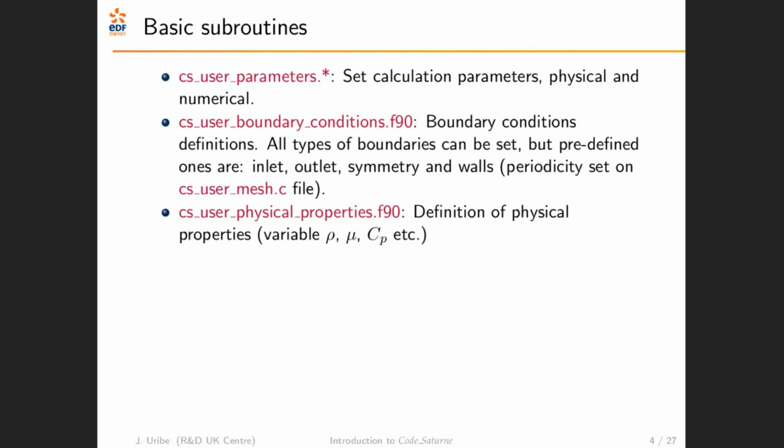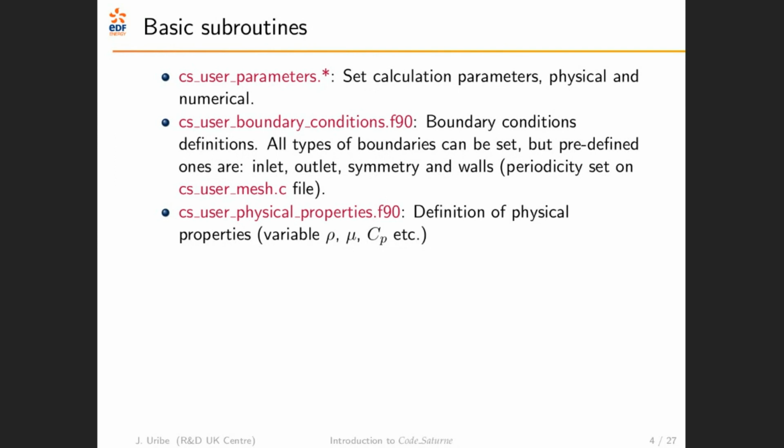This is normally very useful when you have things like an inlet profile, for example, or a time varying function that you want to implement for an inlet, or you have a specific type of boundary condition that you want to set. The way that the boundary conditions are set in Saturn is very particular, so we'll explain that later.